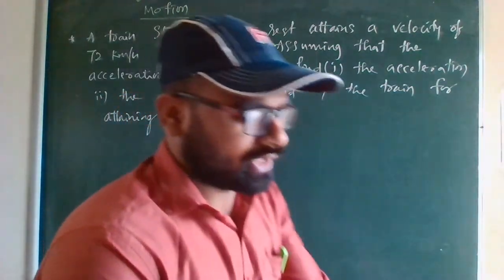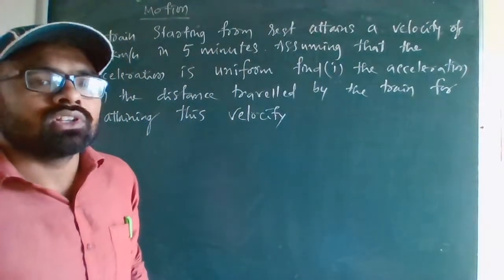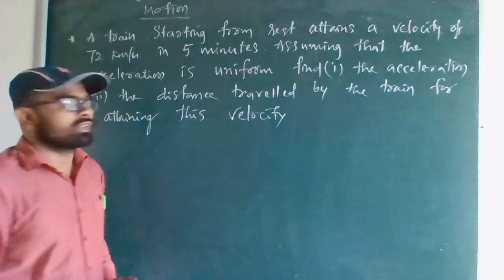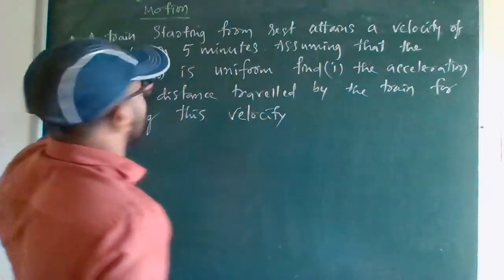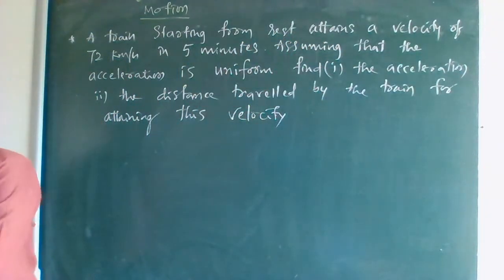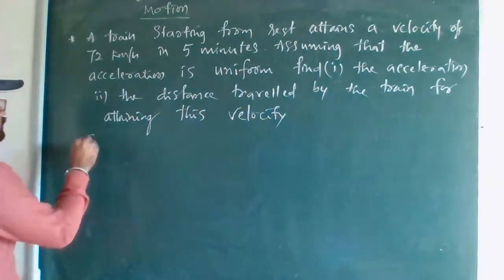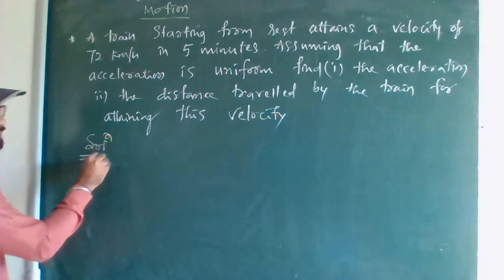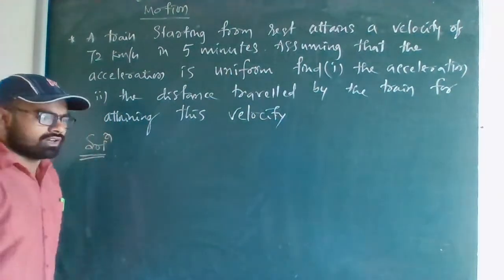Now you can look here, I am going to tell you. A train starting from rest attains a velocity of 72 km per hour in 5 minutes. So one train has started from rest and it attains the velocity of 72 km per hour in 5 minutes.